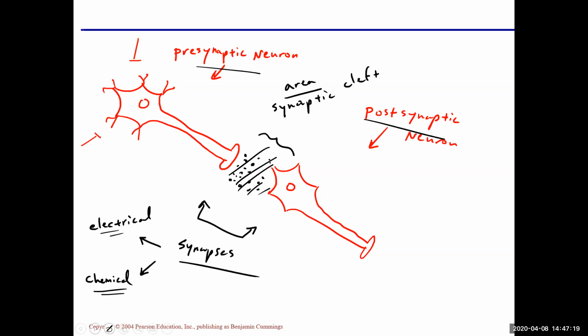So in a way, you have an axonal terminal of one neuron that is communicating with another neuron. Maybe I should put this in a different color so you could see it better. So here, maybe a soma or a dendrite of another neuron, and you can see that they come into close contact with one another.